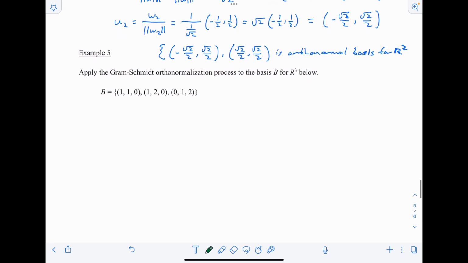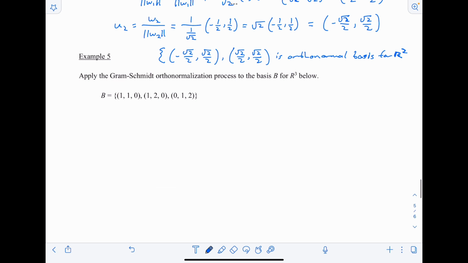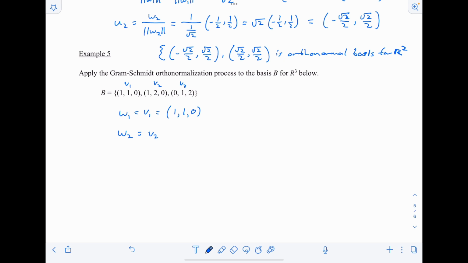All right, last example for this lesson, we are going to do the same thing, but now we are in R3. So same idea. We've got V1, V2, V3. And so we're going to start by letting W1 just equal V1, which is the vector 1, 1, 0. W2 is going to be V2 minus the dot product of V2 and W1 divided by the dot product of W1 and W1 times the vector W1.